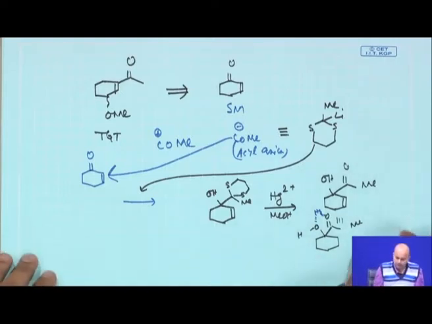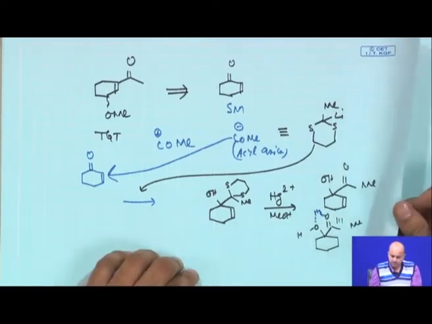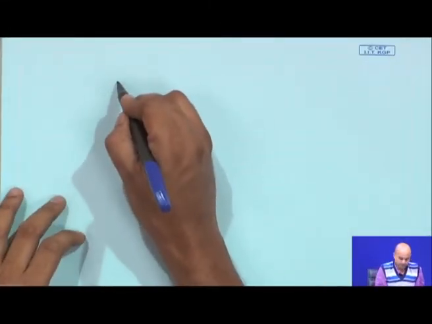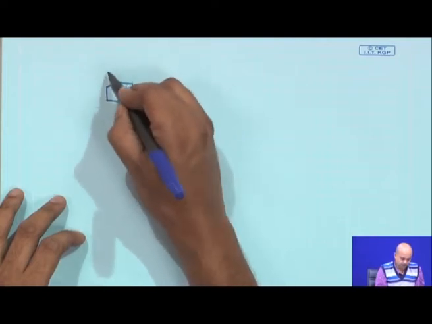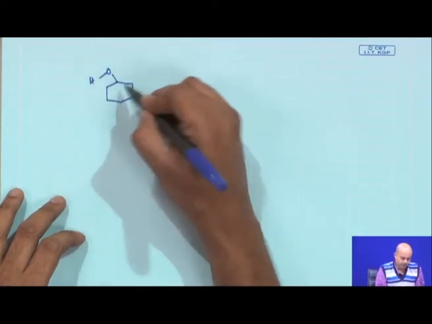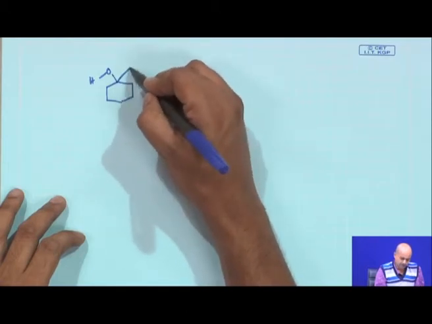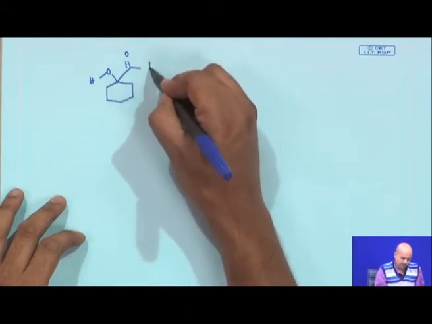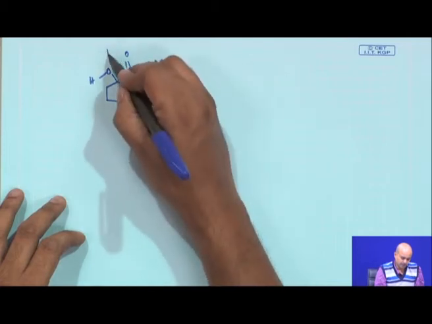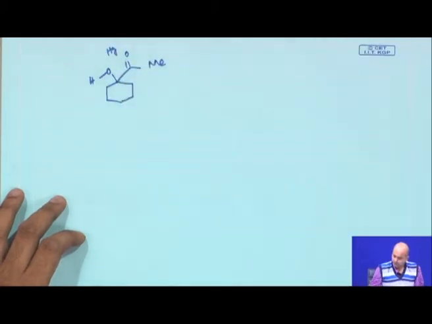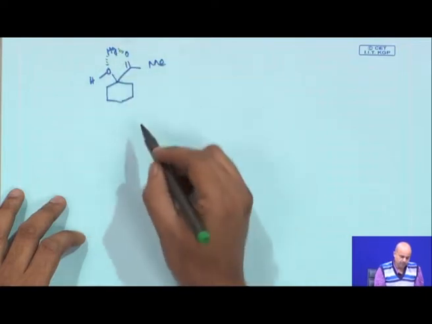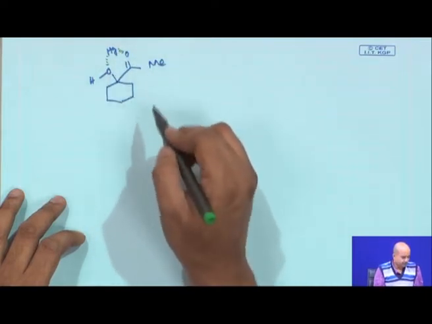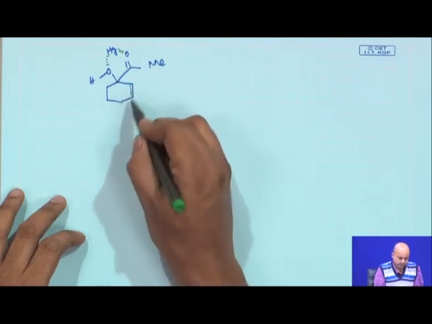Okay, we will draw the structure more clearly in the next slide or next piece of paper. We say once this 1,3-dithiane group is deprotected, you basically have a compound something like this, and the mercury was forming a five-membered chelate, and then your double bond is here.